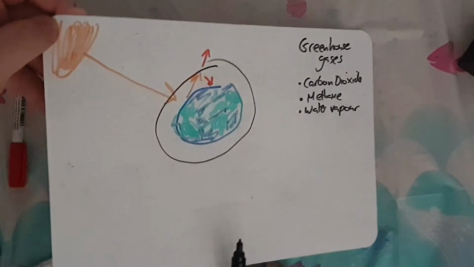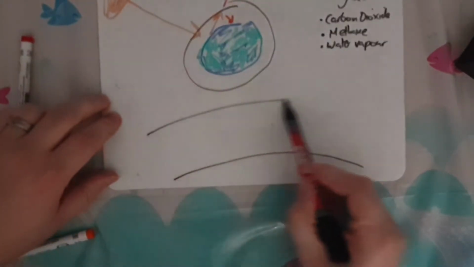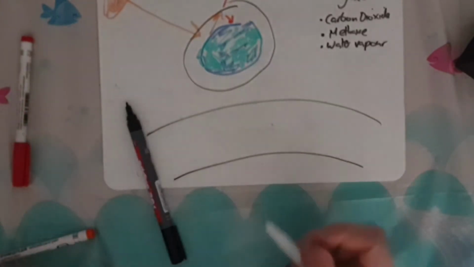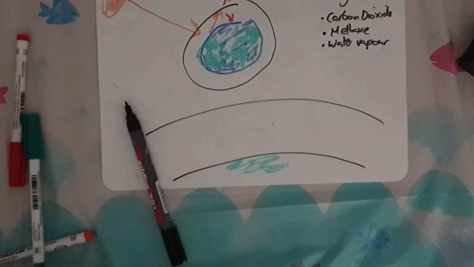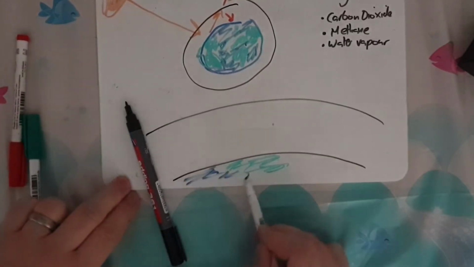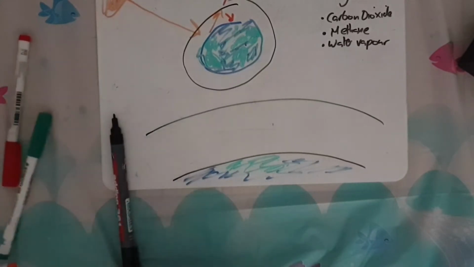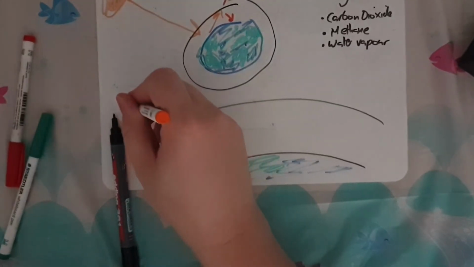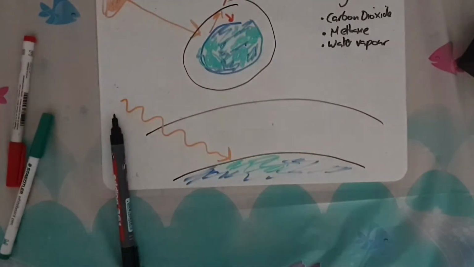So if I was going to draw, maybe I'll slide this up a little bit and draw a slightly more zoomed in version of it. So if we've got the surface of the Earth and then the atmosphere, like just to show it on, so a bit of land, right? Bit of sea. So you know that that's the Earth. So we've got the energy coming in from the sun, okay?